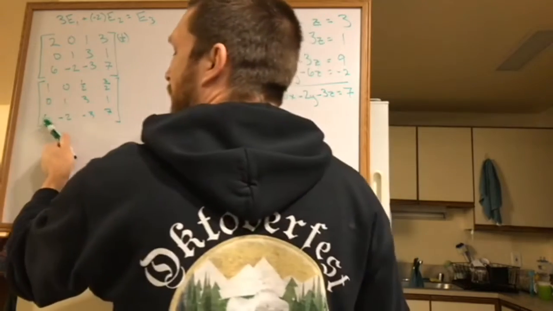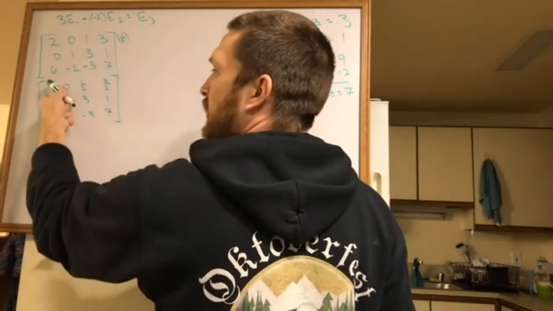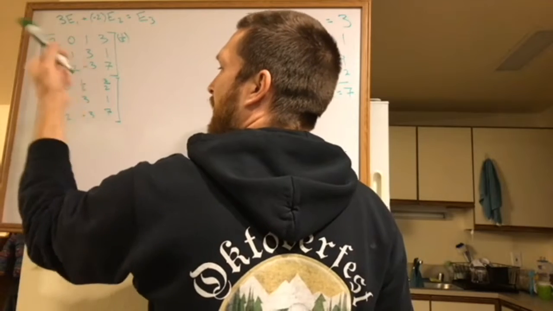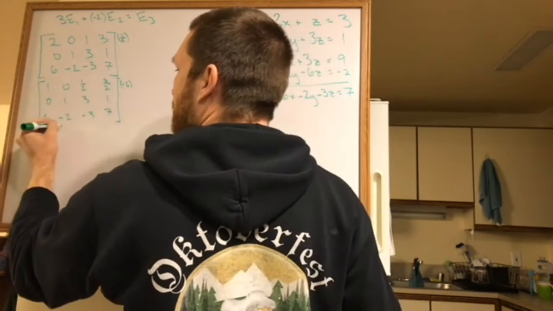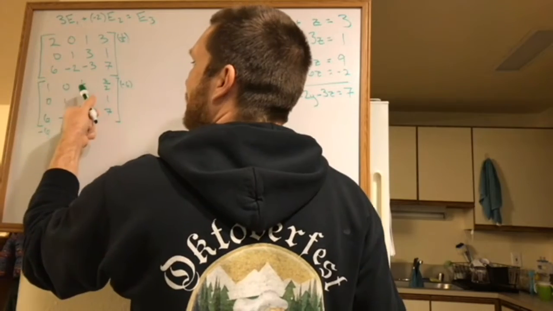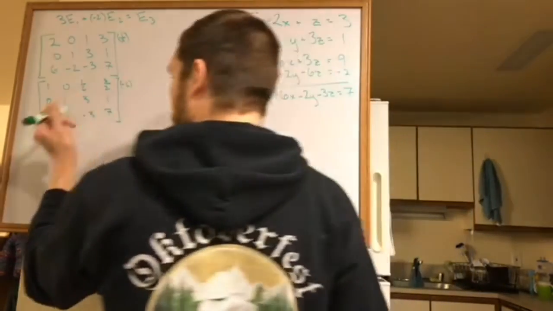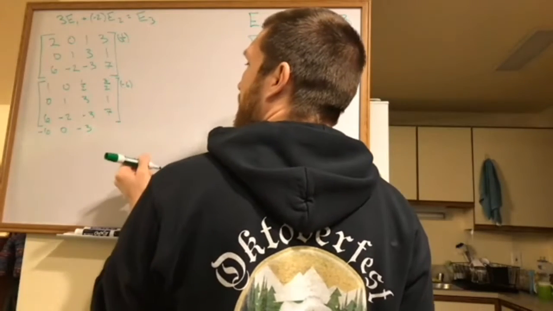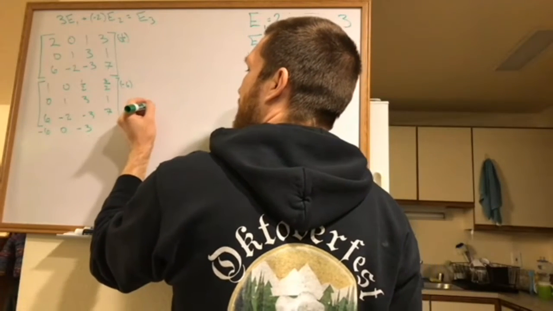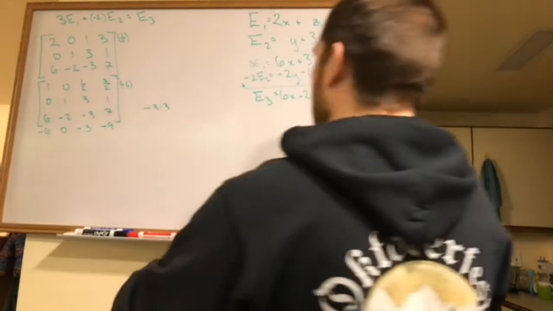I need to kill off this 6, so it needs to have a negative 6. The way I'm going to do that is to multiply this entire row by negative 6. When I do that, I get a negative 6 and a 0. Negative 6 divided by 2 is negative 3. 3 times negative 6 divided by 2 is the same thing as negative 3 times 3. It should be negative 9.